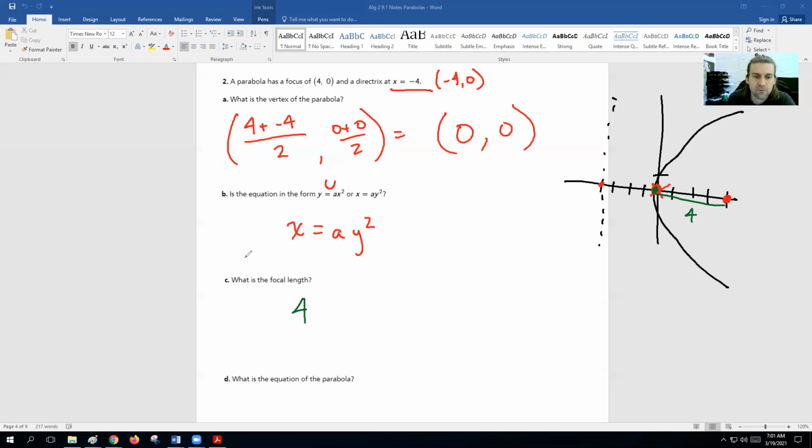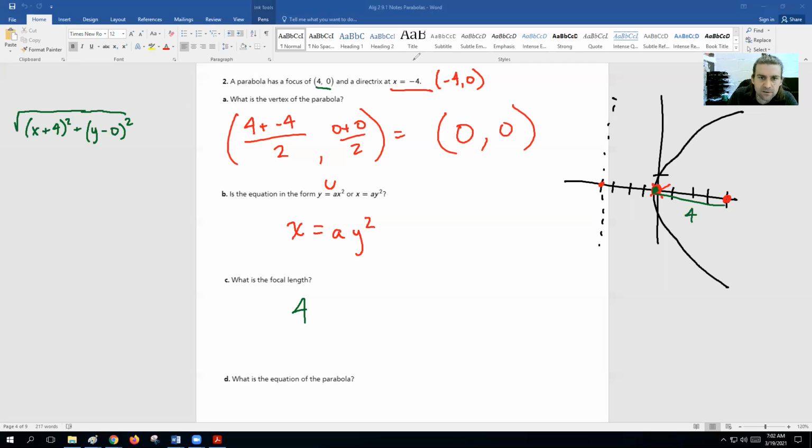And then what is the equation? Okay, so what we're going to do here is do the equation, then we're going to see if we can make a shortcut for it. So the equation, we would have the square root of x minus 4 squared plus y minus 0 squared, going through and looking at the focus here.